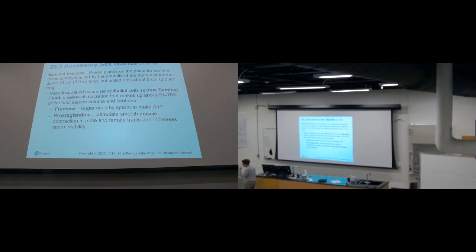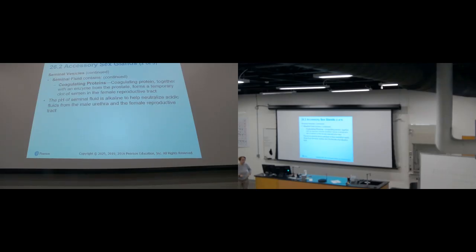The neck region of the sperm cells has a lot of mitochondria that produce ATP, so that the sperm cells can move the flagella really rapidly, so that they can swim really fast. And then they also have a component called prostaglandins that ensures the contraction of the female smooth muscle cells to propel the sperm cells really fast.